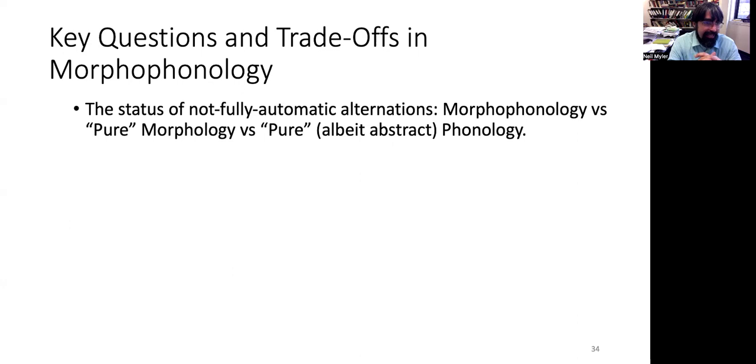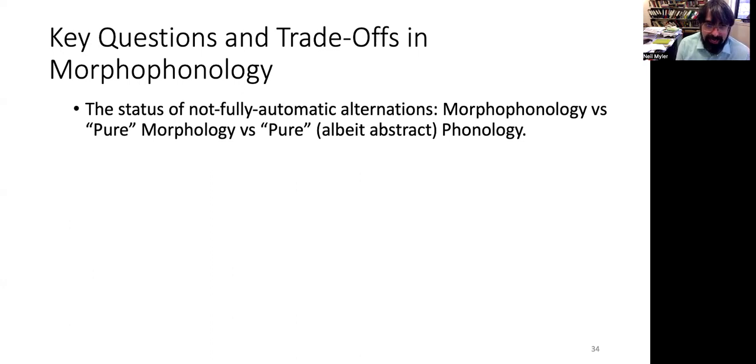Another trade-off is the status of not fully automatic alternations. So do we treat these as a special type of hybrid rule, morphophonological rules, is the readjustment view, I guess. Pure morphology, which is treating them as no different from suppletion. So on that view, sing versus sang has the same relationship as go versus went.